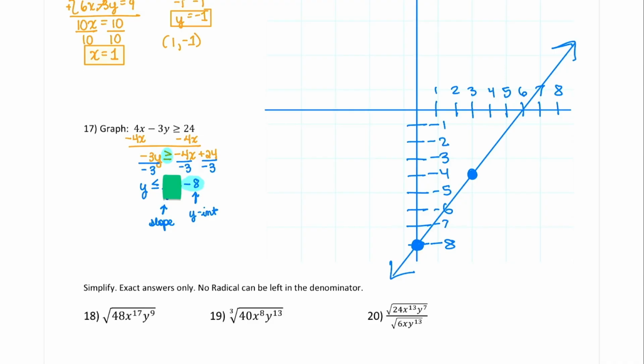So you're going to look here at this y-intercept, and we're going to look at the number line and see where is y less than -8. Well, y is going to be less than everywhere below it. And that's how you know where to shade. So we're going to shade to the bottom of the line all the way over. And that's going to be our solution set, everywhere below the line.